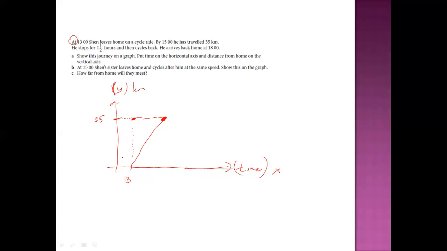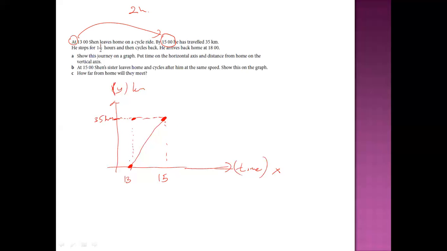So this 35 km, from 13 to 35 km, how much time from the initial point to the final point? We have 2 hours. What time is it now? After 2 hours we have 15.